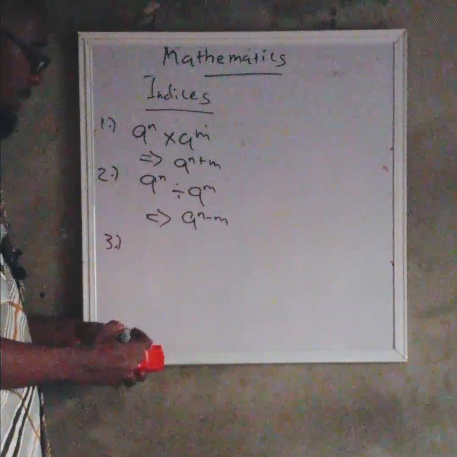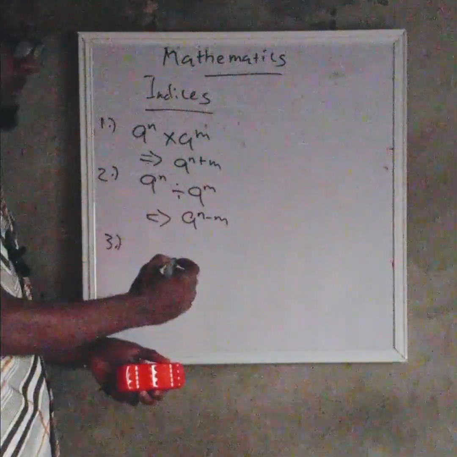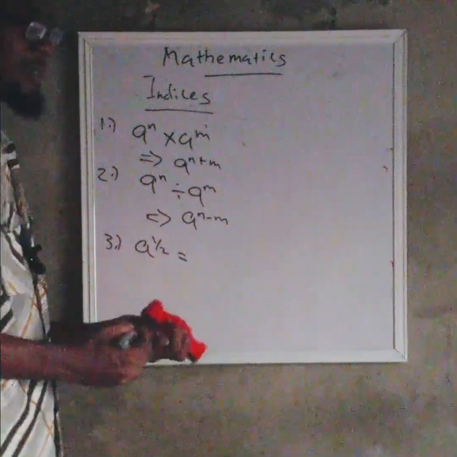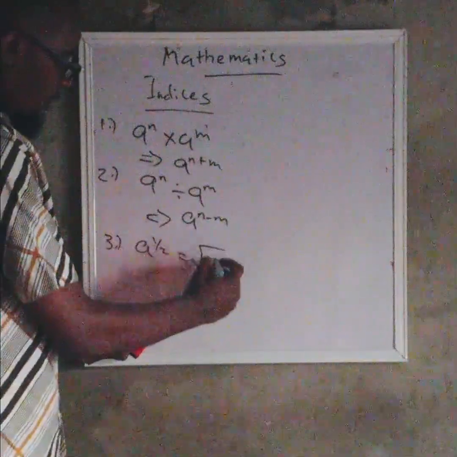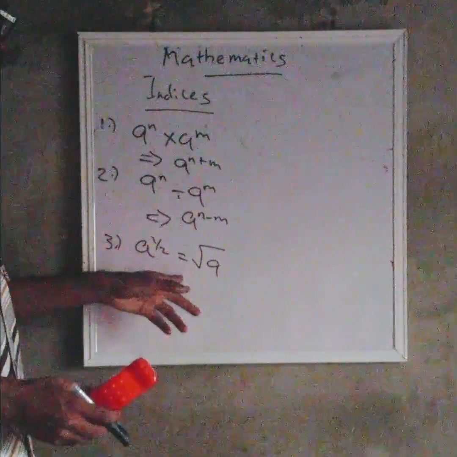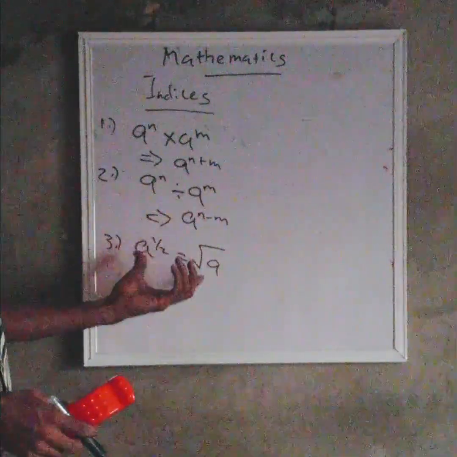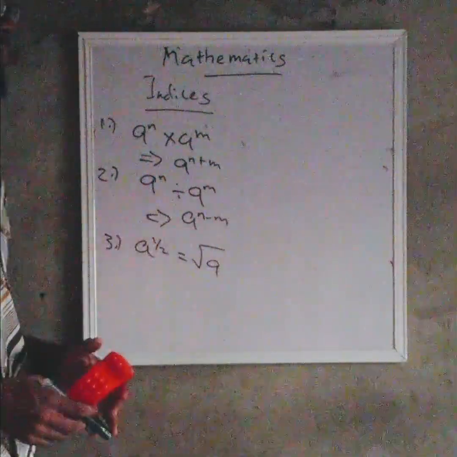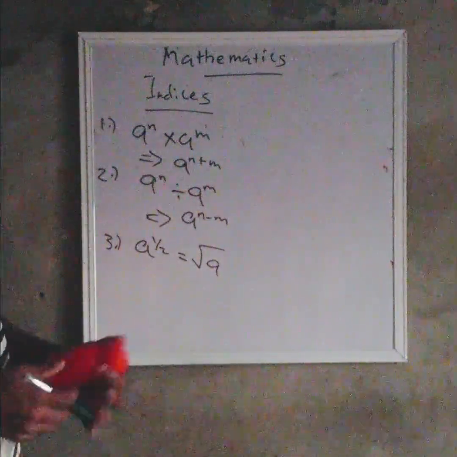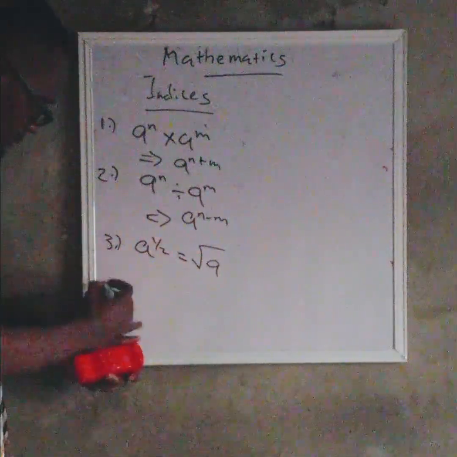If you have a to the power of half, it is the same thing as the square root of a. Take note of that. This rule is very important because when you understand it, you can solve many indices questions. And this rule leads us to rule number 4.